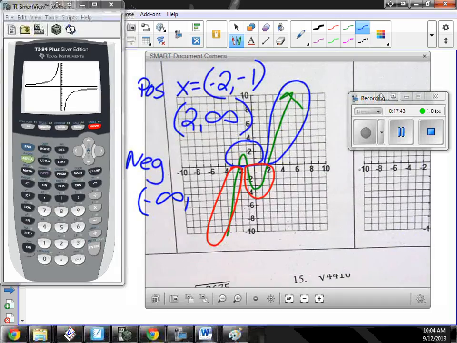And then it stops at negative 2. Okay? This little section in the middle, what is the interval for that? From negative 1 to negative 2. Oh, thank you, positive 2. Okay?